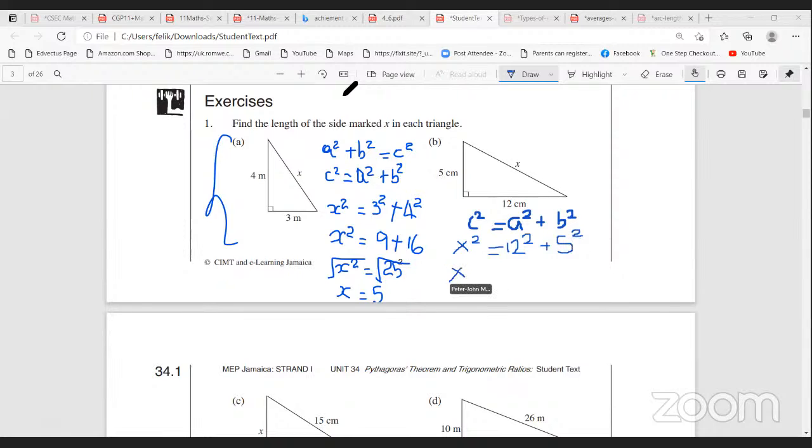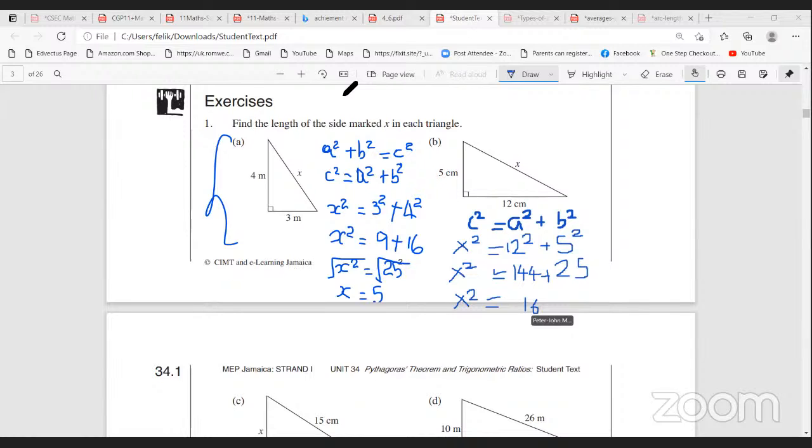X squared is equal to 144 plus 25. X squared equals 169.